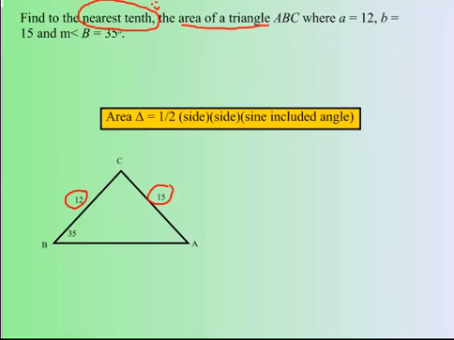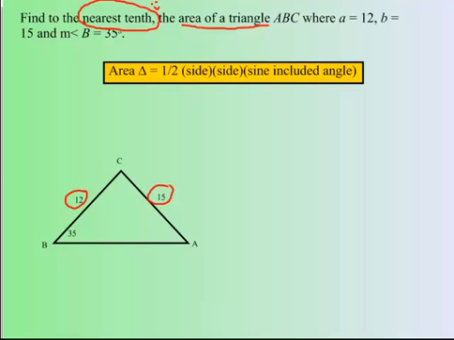I guess that leaves me with my traditional area problem. One half side, I got a side, 12. Side, I got another side, 15. But the sine of the included angle. I would need to know this angle C in order to finish this problem.